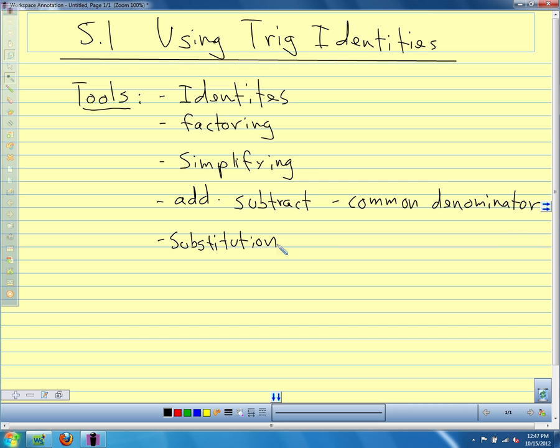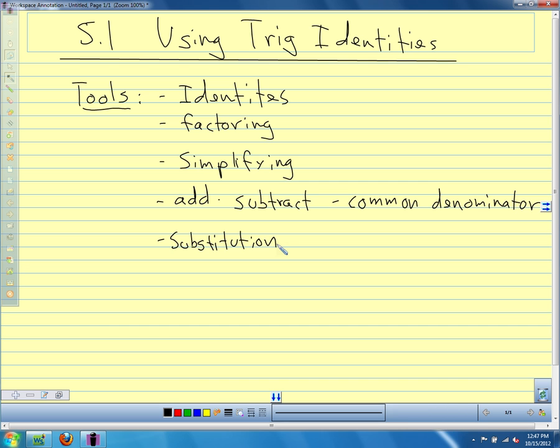So what I want to do today is just do several examples of using these identities on this first side of the page, just to simplify or rewrite expressions or equations that have to do with trig functions. So the kinds of work that you'll have to do in the homework.